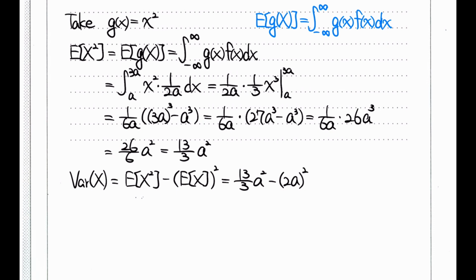Okay, so it is going to be 13 over 3a squared minus 4a squared, which is equal to 1/3 a squared. And so this is the variance of x.